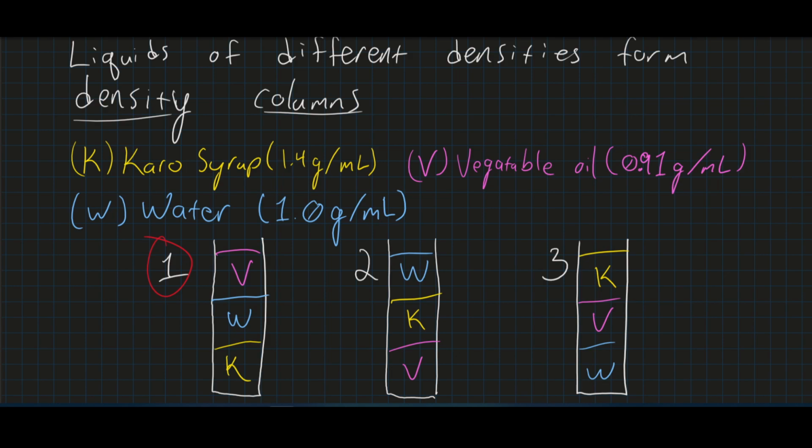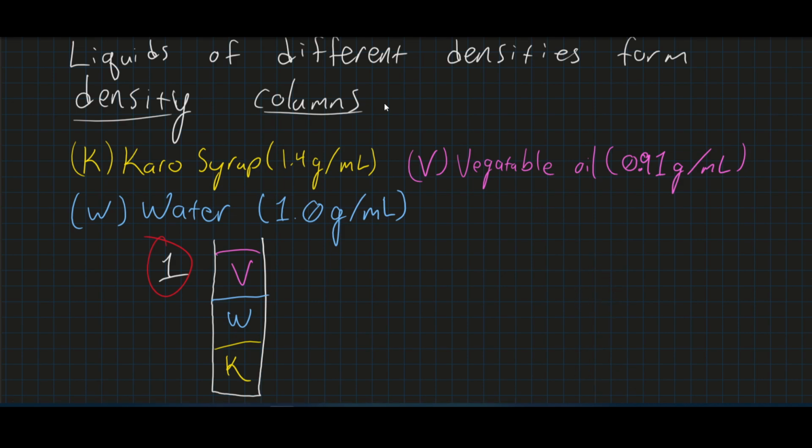Now, let's actually zoom in on this. Let's get rid of the other two. I just want them gone for now. And let's consider if we had an object like a red ball with a density of 1.2 grams per milliliter.